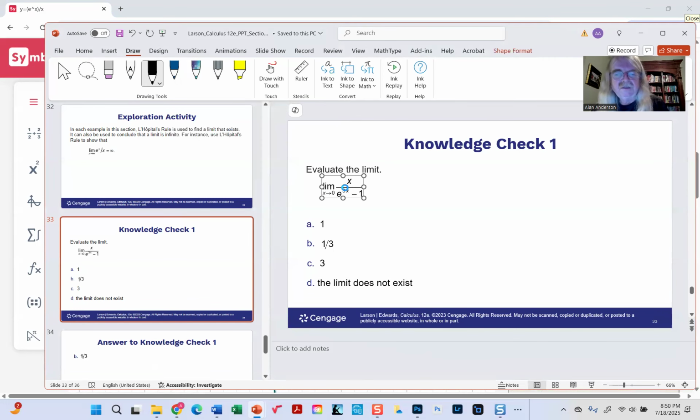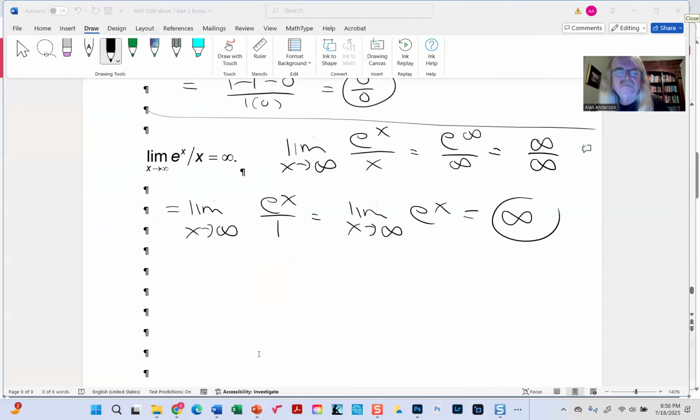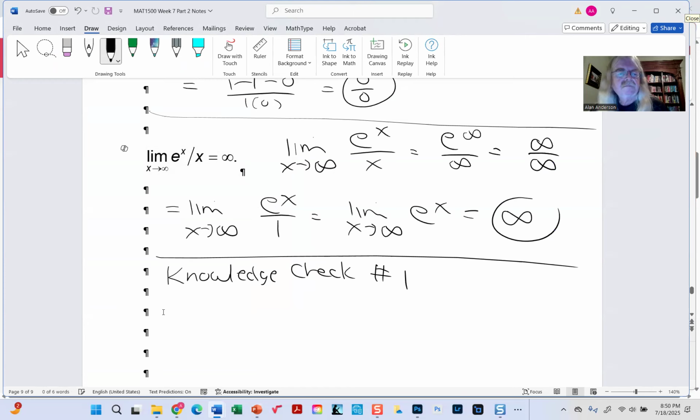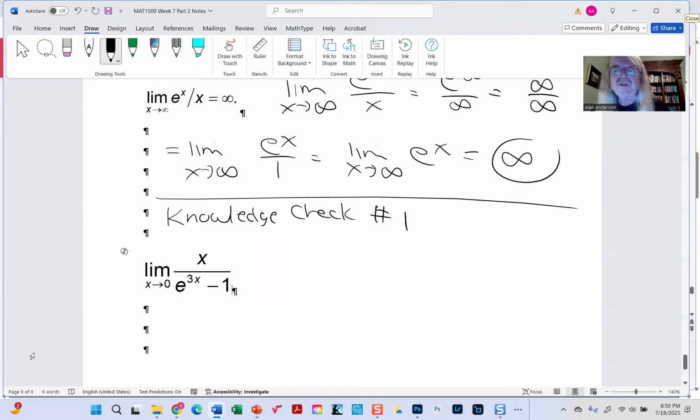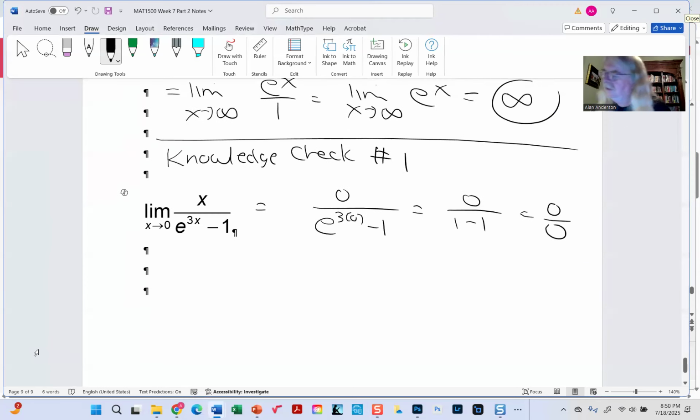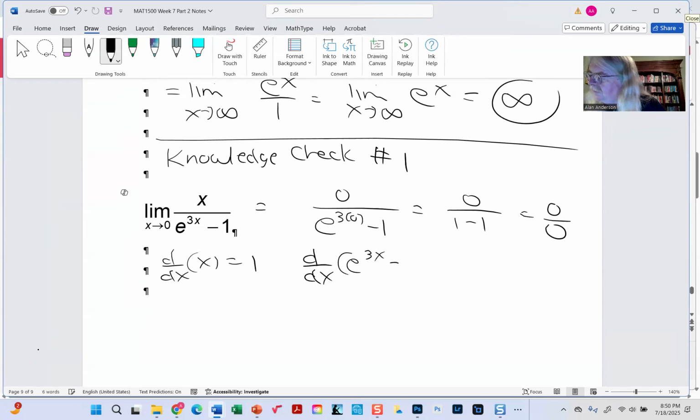All right, here we go. Here's our first knowledge check. So first, let's try direct substitution. Great. So we can use L'Hopital's rule. Now, the derivative of x, of course, is just one. Based on the chain rule, e to the 3x.